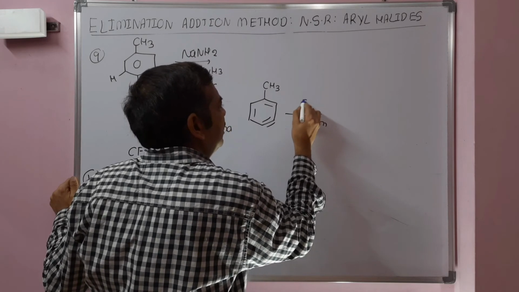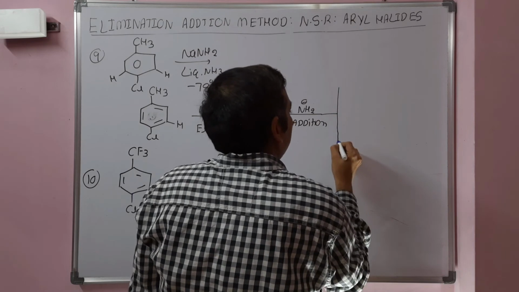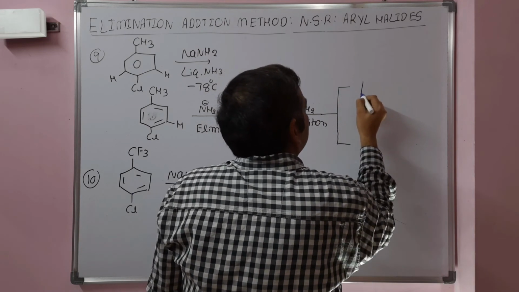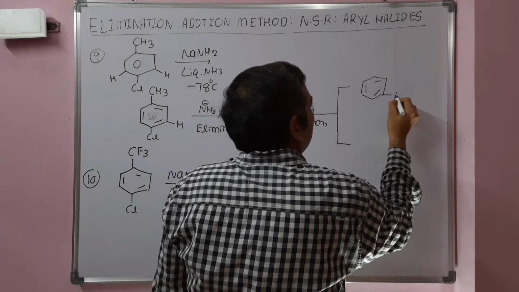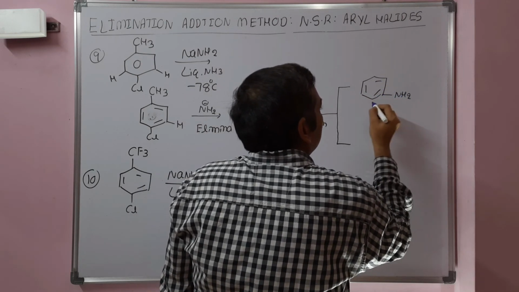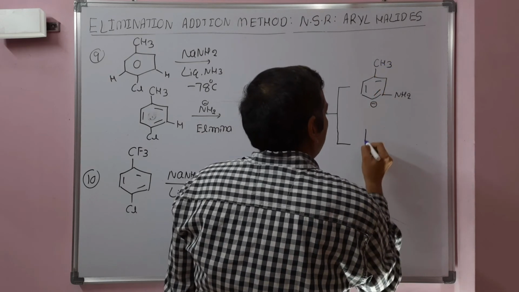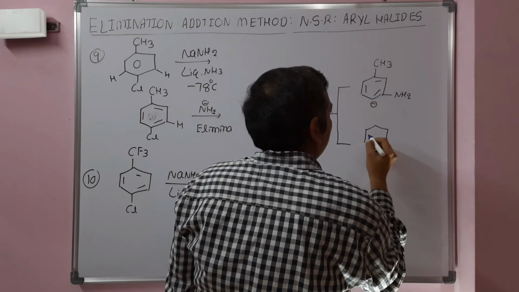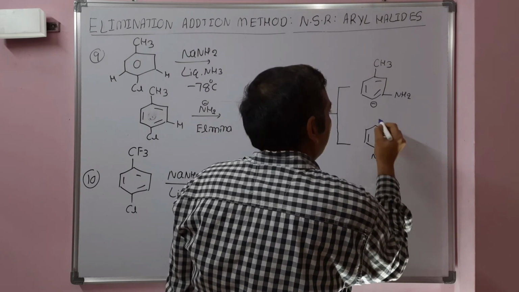NH2 minus will attack either meta or para. Two possibilities are there. First possibility, if NH2 minus attacks at meta, then the carbanion is at para to the methyl group. Whereas if NH2 minus attacks at para, the carbanion is at meta.